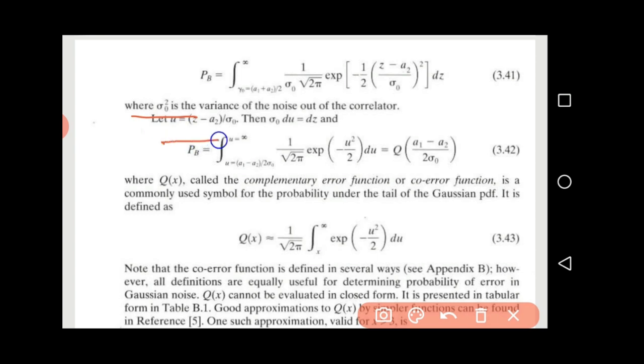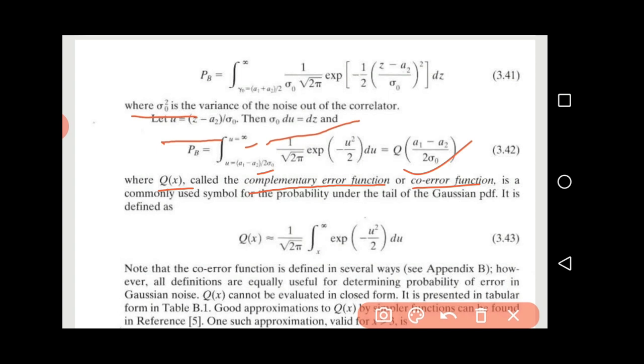Let u equal to (z minus A2)/sigma 0, then sigma 0 du equals dz, and we get PB equal to the integration from u equal to (A1 minus A2)/(2 sigma 0) to u equal to infinity of 1/root 2 pi times exponential of minus u squared by 2, du, which will be equal to Q((A1 minus A2)/(2 sigma 0)), where Q(x) is called the complementary error function or co-error function.